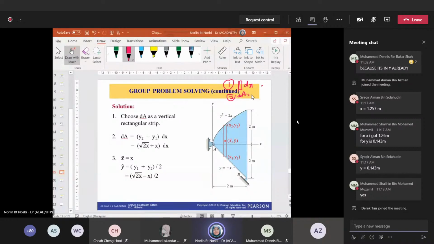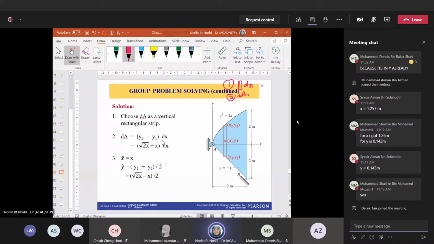Y2 minus Y1. So which one is Y2? On top here is Y2, labeled as 2 and 1. So you need to do Y2 minus Y1 over dx.